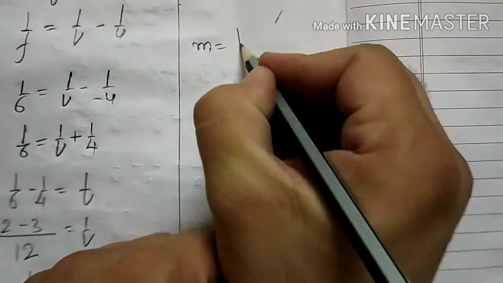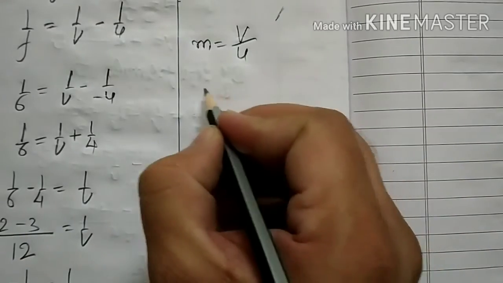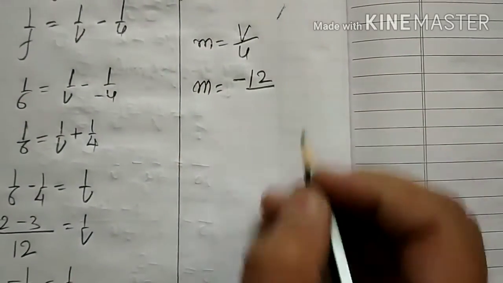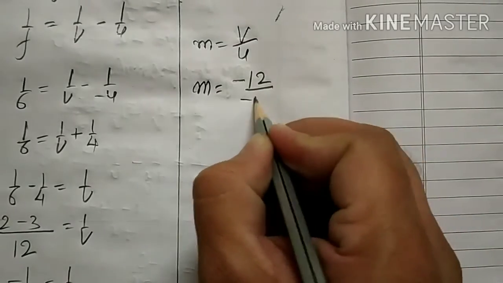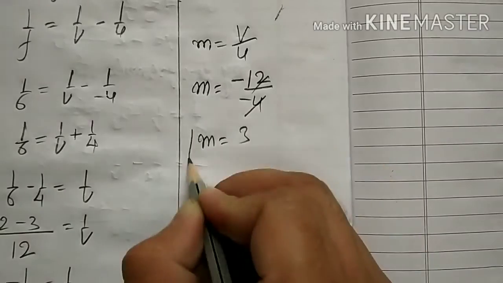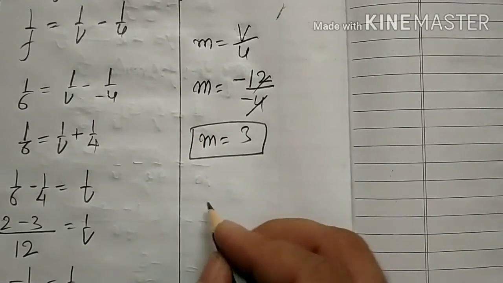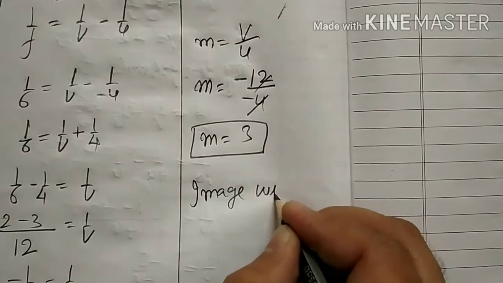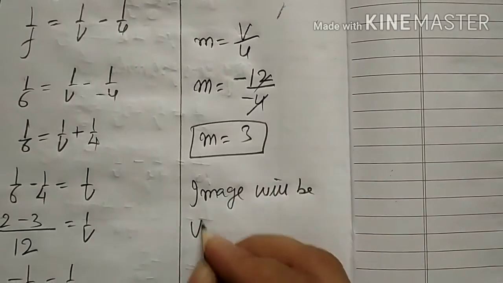By mistake I said minus, but it will be positive only. So the value of v is minus 12 and the value of u is minus 4. So m equals what will come? 4 threes are 12, so 3 times. So it says that the image will be virtual.